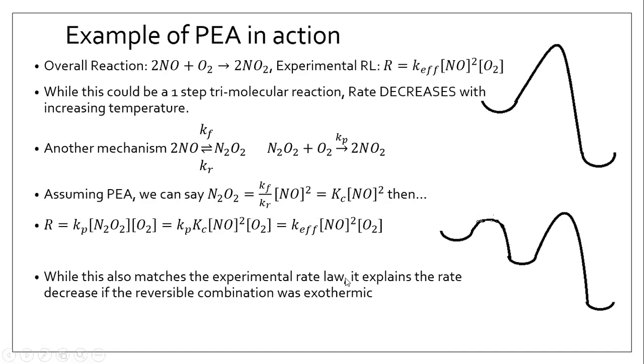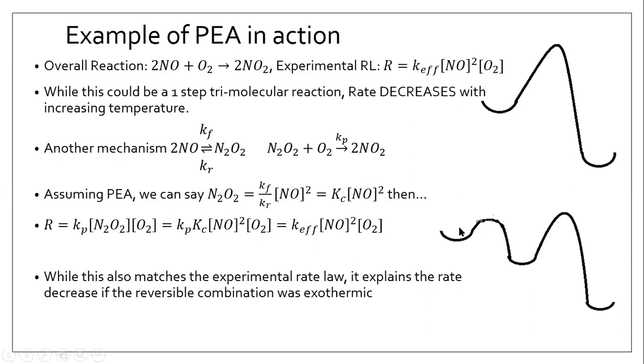While this also matches the experimental rate law, it explains why the rate decreases if the reversible combination is exothermic. So if the first step, NO to N2O2, is exothermic, and you heat that up, it's going to make the reverse reaction be favored.